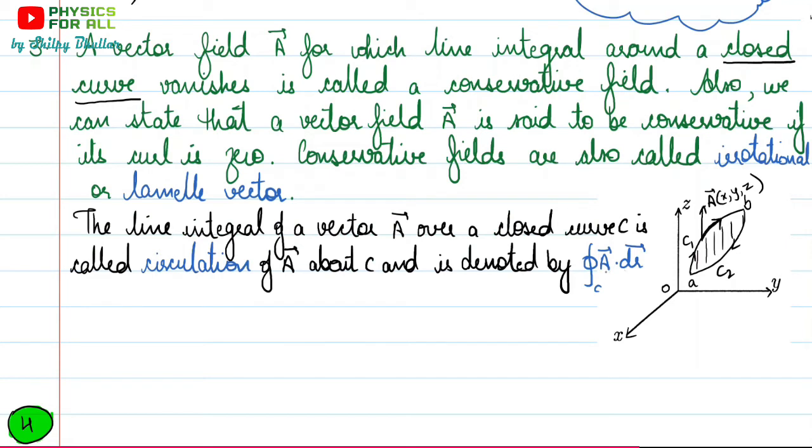This is represented by the integral of A dot dr over the closed curve C, and we make the integral sign round. Normally, when we just talk about simple curves which are not closed, we write A dot dr and simply write the curve C, because in that particular case the curve is not closed.